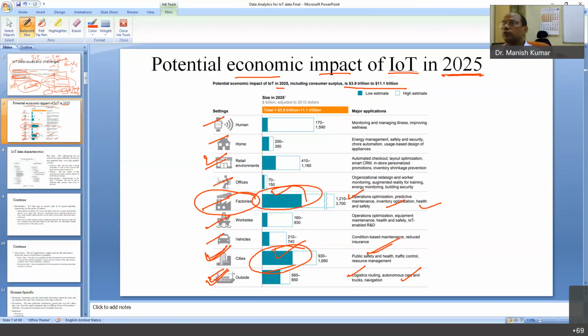So we are working in these areas, and obviously there is ample opportunity present in these domains.